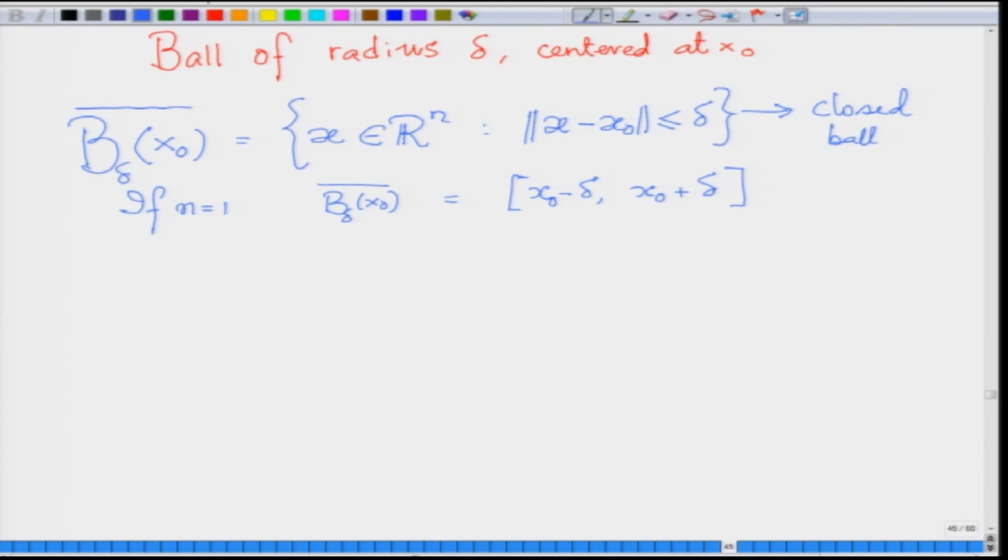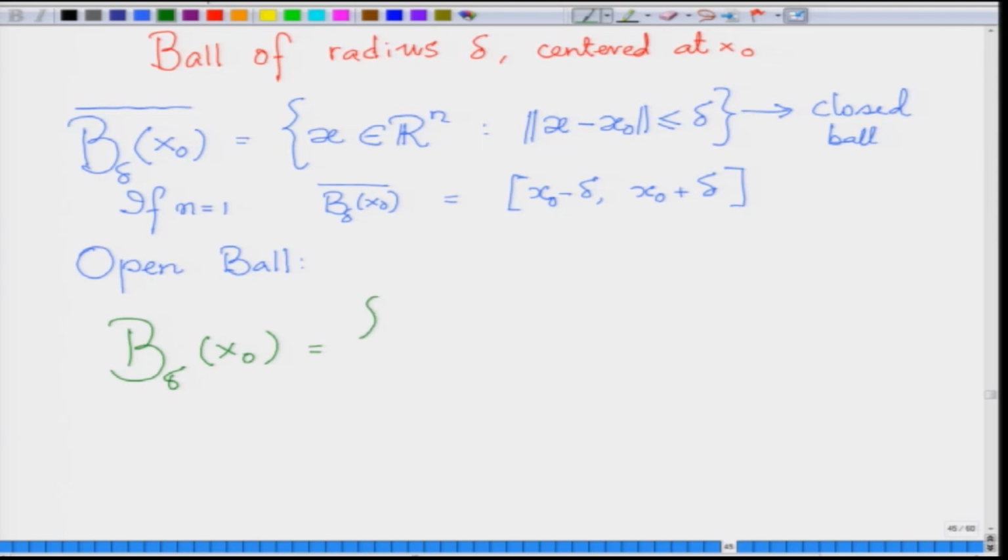So, what we need largely is the open ball. And the open ball is something like this, just you do not have the boundary of the ball.